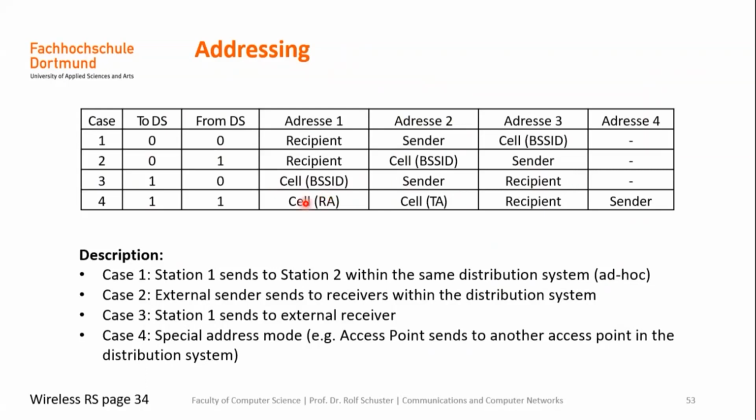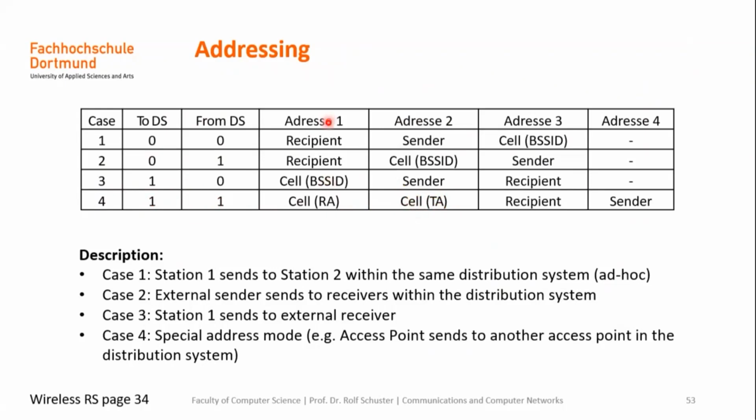And finally, sometimes the communication could be performed between access points. Then is the case 4. Then the frame comes from an access point. It goes to another access point. Then the sender is the address of one access point.